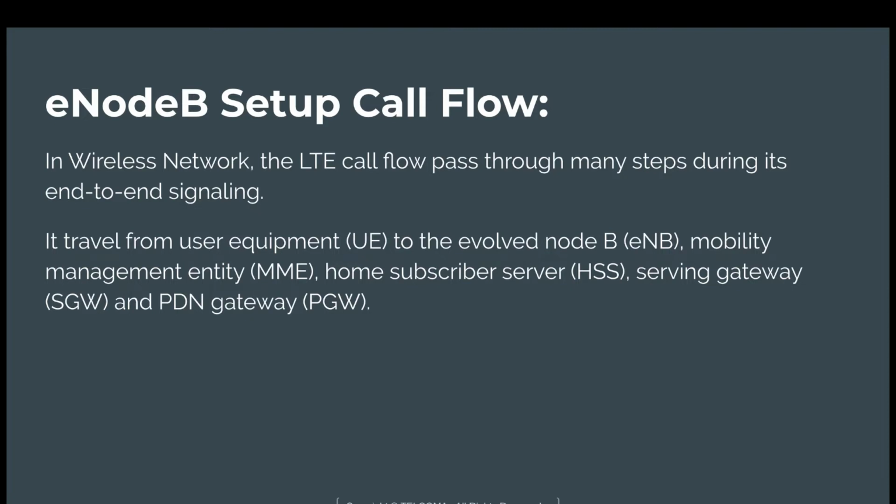In this way the call flow will take place. It starts from the UE and goes to the serving gateway and then to the PDN gateway. So let's discuss how the call will initiate, how the signaling will initiate in the network. It will start with the eNodeB setup.